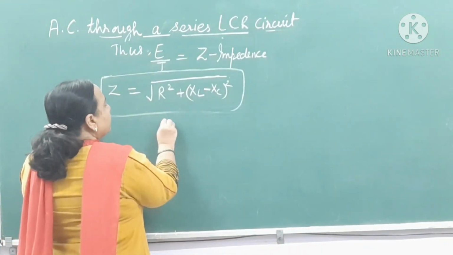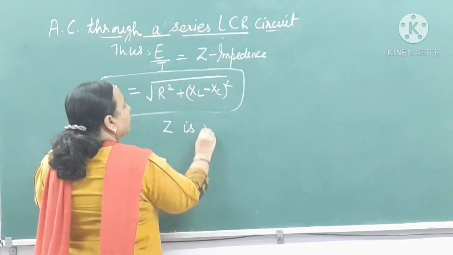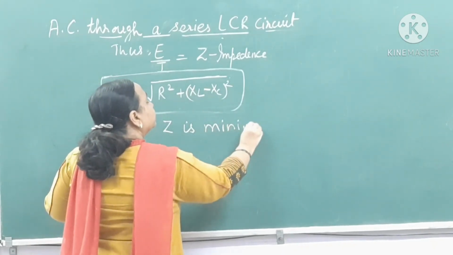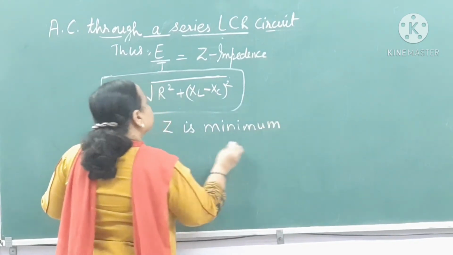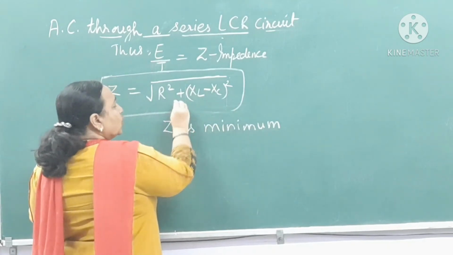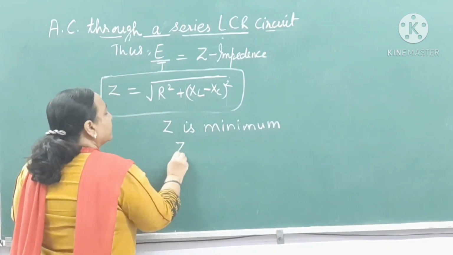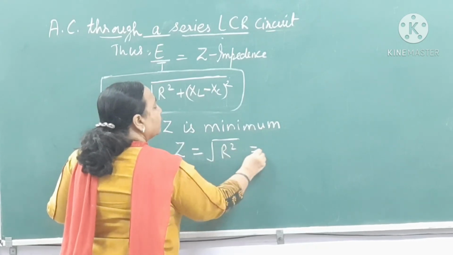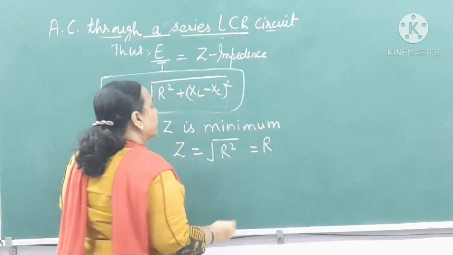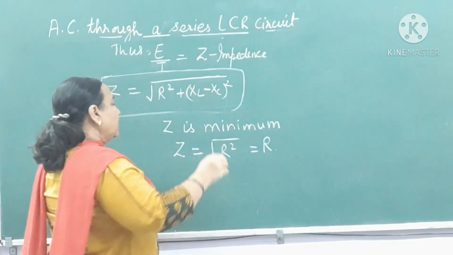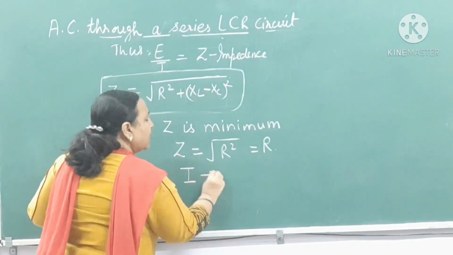This Z, the impedance, is minimum when this factor becomes 0. The minimum value of Z is equal to under root of R square, which is equal to R. So when the impedance is minimum, the current flowing through the circuit will be maximum.